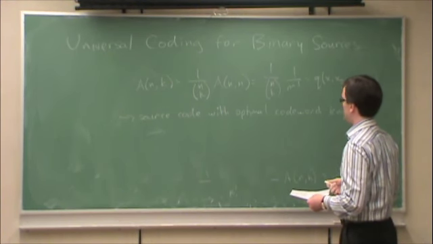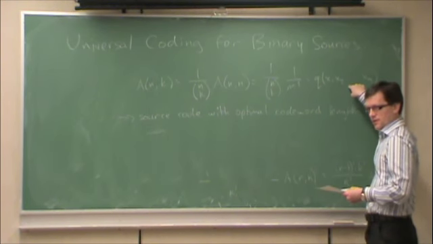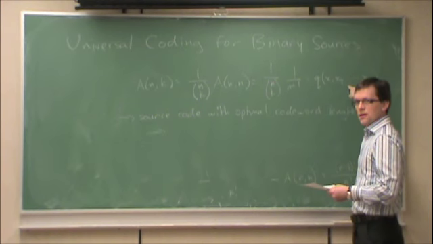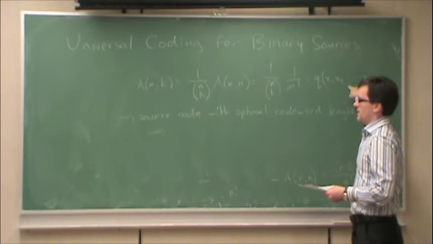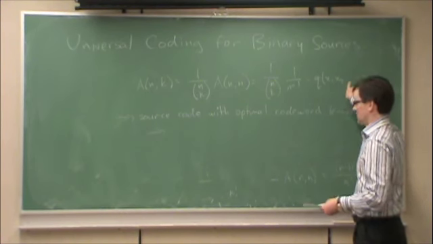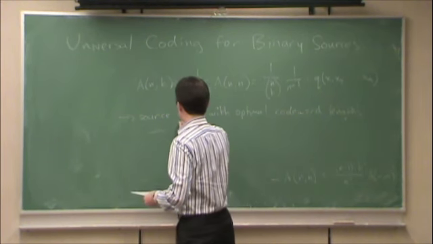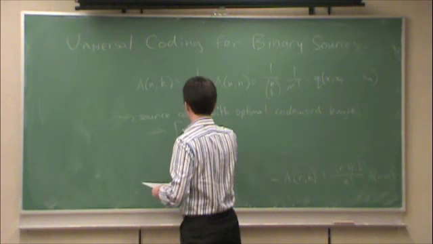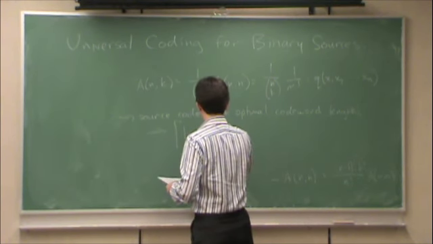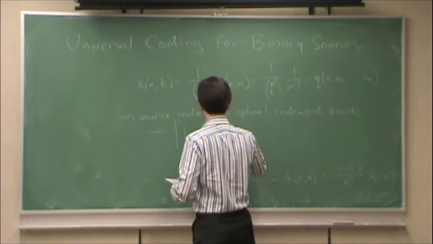So if we wanted to assign a source code with optimal code word lengths using these probabilities, what would those code word lengths be? The optimal code word length, if I have a source with probabilities, is log 2 1 over probability, right? So what I want to do is assign code words with lengths ceiling log 1 over q, x1, x2, and so on to xn.